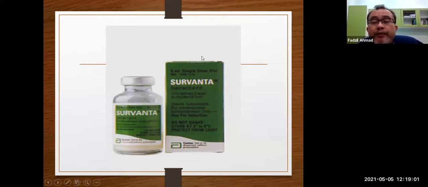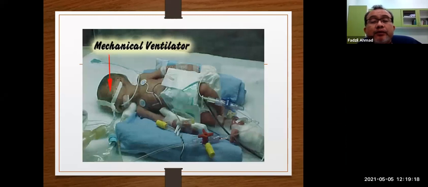Now many babies survive, and we can support even 700 gram, 800 gram babies. Sometimes we can go beyond that to support babies who are very, very premature. This one is probably a 1 kilo baby.